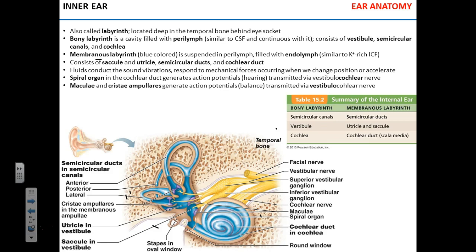Does that make sense? As it moves around, this fluid movement is then transduced into the electric signals in the nervous system. So fluid allows you to do two things. First, hear the sound. Second, sense your position in space. Does that make sense?